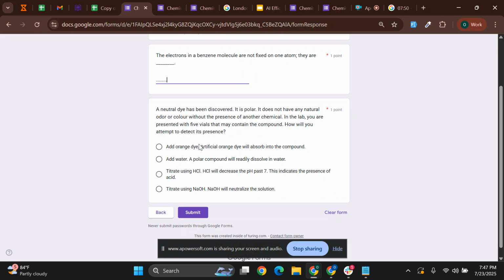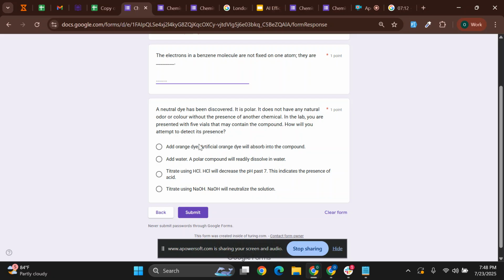Add orange dye, artificial orange dye will absorb into the compound.